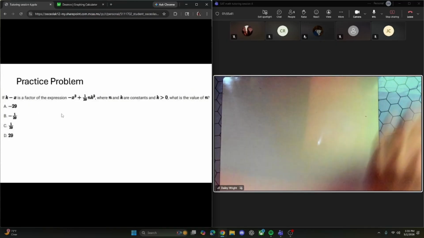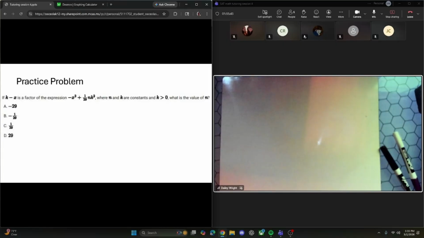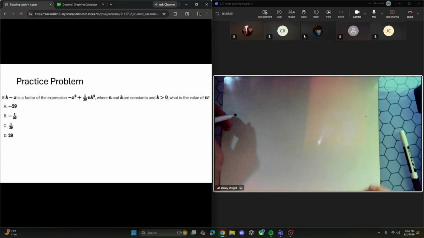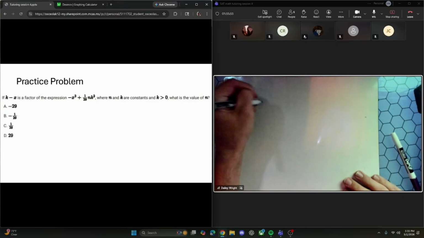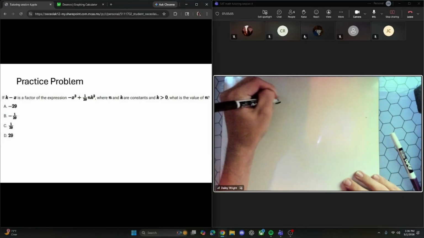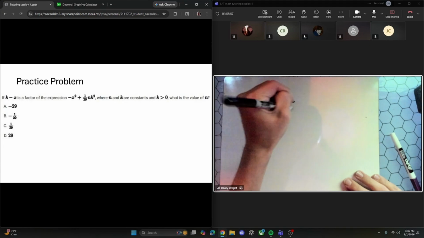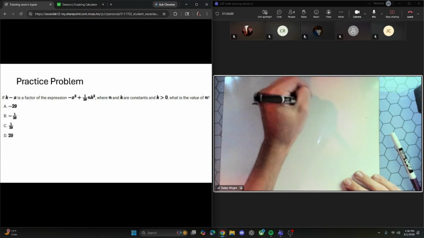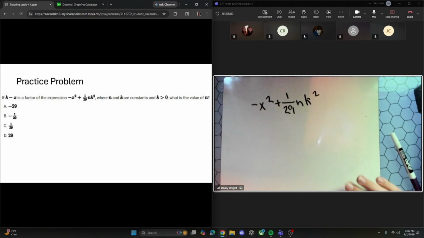k minus x is a factor of the expression negative x squared plus 1 over 29 times n k squared, where n and k are constants with k being greater than 0. What is the value of n?